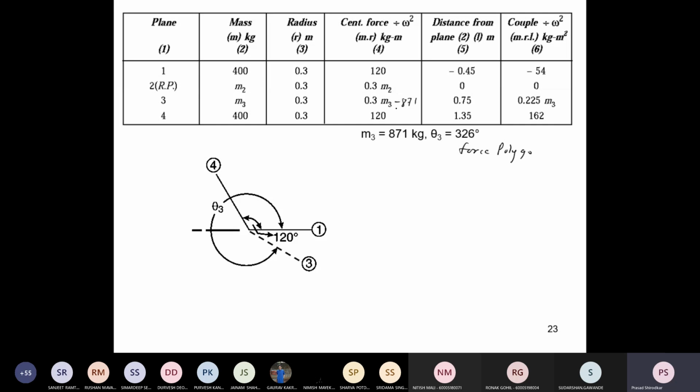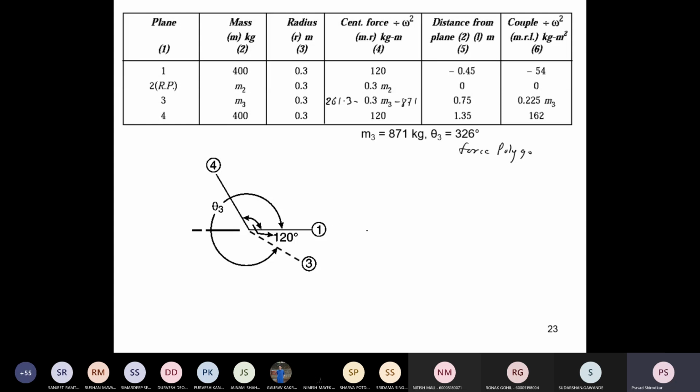Substitute that value and construct the force polygon. This is 261.3.